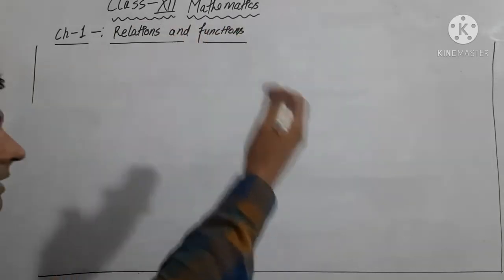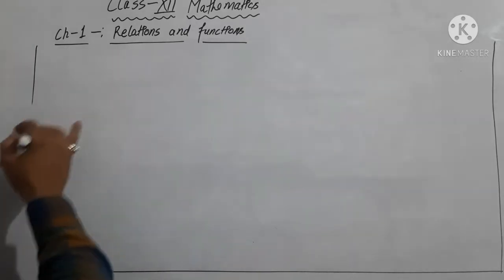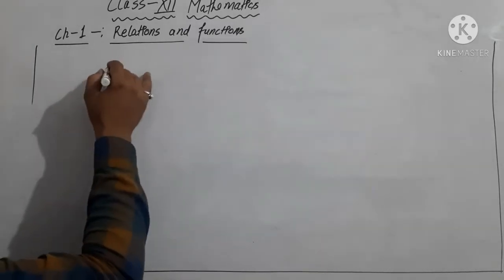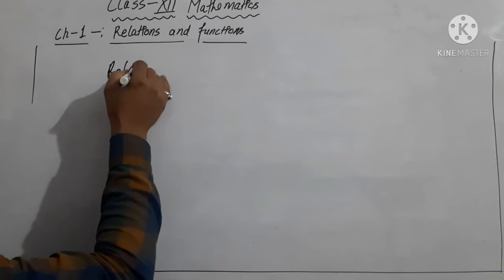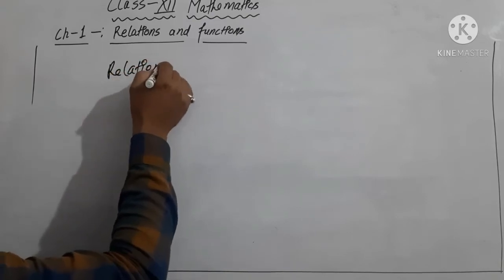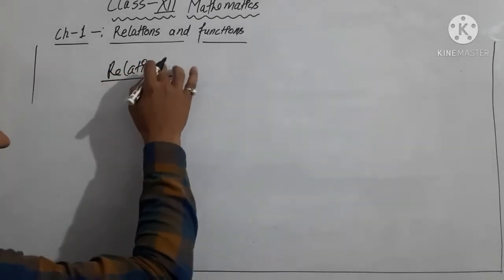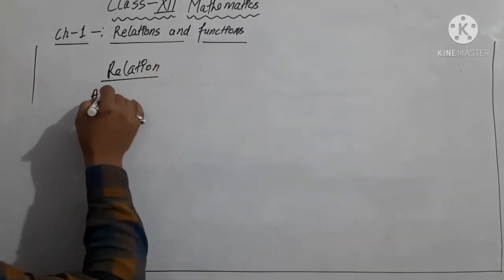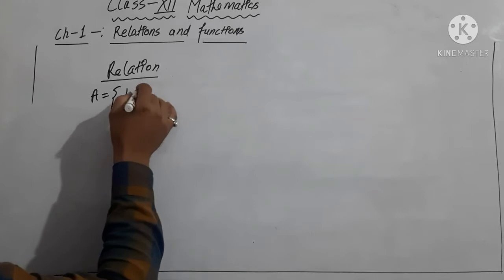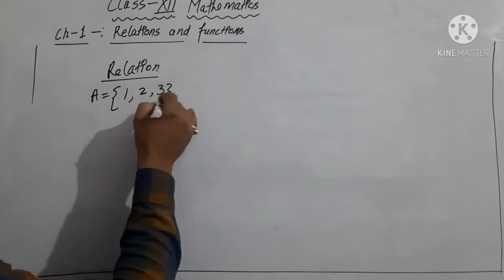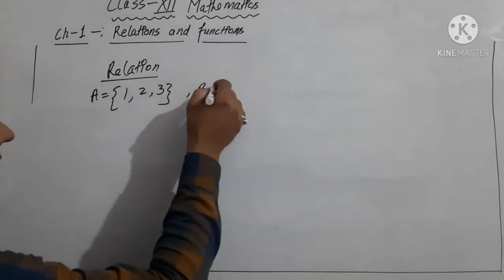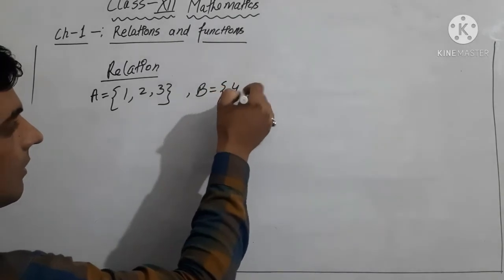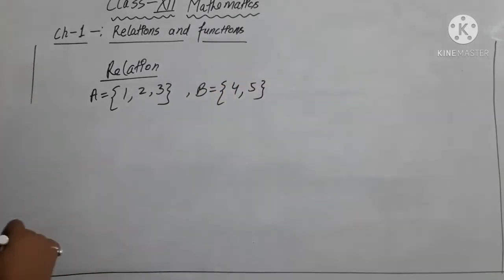So what is relation? I am defining you what is relation. Suppose there are two sets, set A 1, 2, 3 and set B 4, 5.